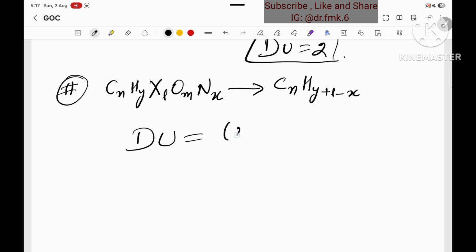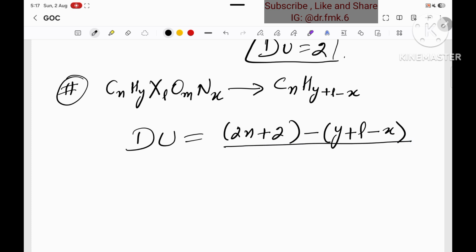Du is 2n plus 2 minus y plus L minus X, all hydrogen atoms here, divided by 2.